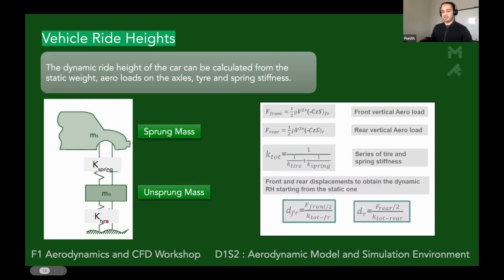So you've got your spring and tire K, and you can calculate the movement in the wheel and suspension. And this is actually quite used. Well, this is the most important thing to define your ride height as well as the contact patch setup. And we look at this in a case study. That'll be quite interesting.